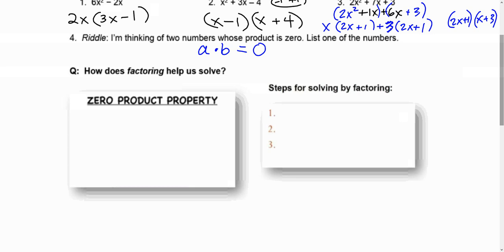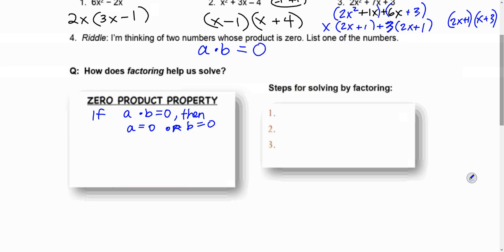The 0 product property says if you have 2 things that are being multiplied, so I'm going to put it kind of like the stuff you saw in geometry: if A times B equals 0, then A equals 0 or B equals 0. So if you've got 2 things that are being multiplied together, either the first one is 0 or the second one is 0.